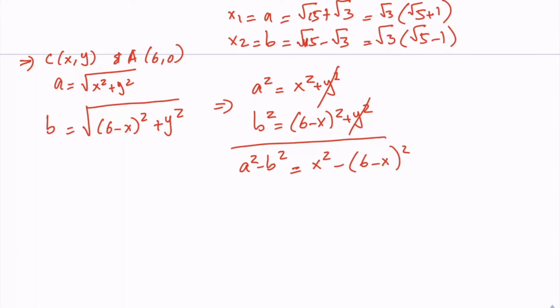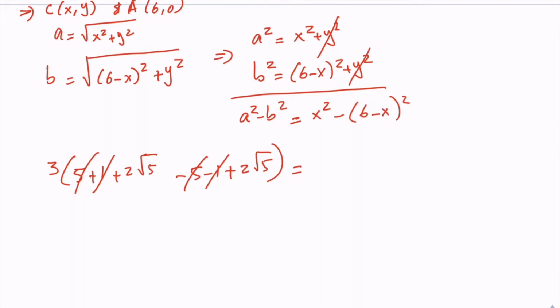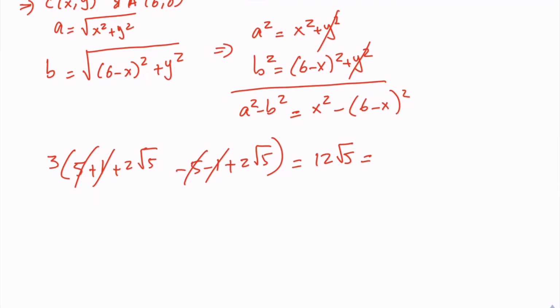So let's form a squared minus b squared. a squared is 3 times (5 plus 1 plus 2 root 5), and b squared again is 3 times (5 minus 1 plus 2 root 5)... so we can factor out the 3, and the terms will cancel and we get 4 square root of 5, so 12 square root of 5 is equal to x squared minus (36 minus 12x plus x squared).